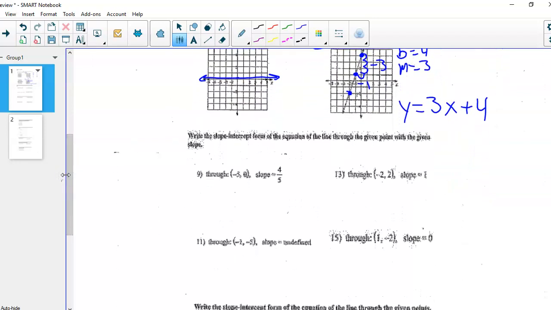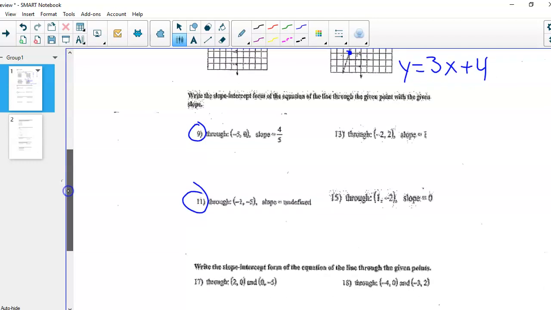Pick 2 in this next section. Aiden, pick 1. 11. Okay, so then we're not going to do 15. 9. Just in case it's not clear on yours, this is -5.